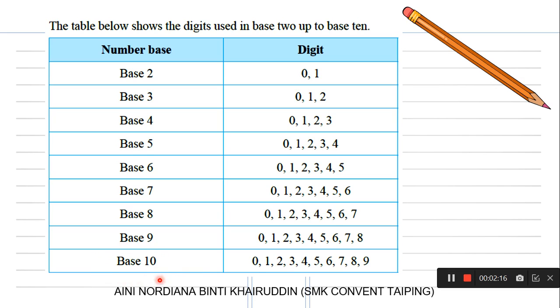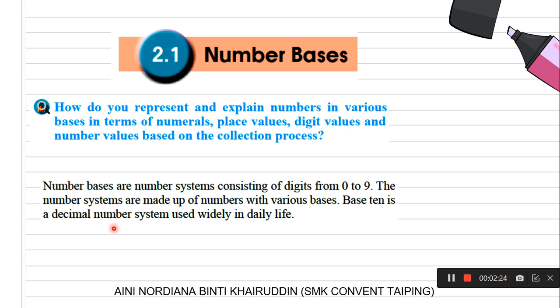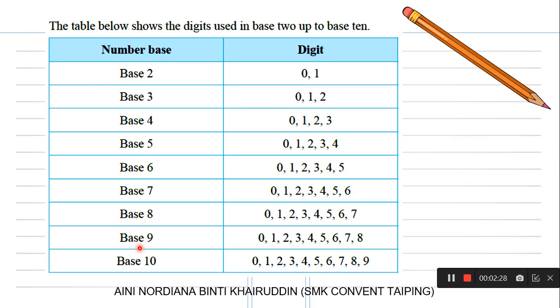Okay, base 10 here, we call it the decimal number system that I mentioned. So the digits in base 10 consist of all of these digits. That's why base 10 is actually the number system that we use in daily life.